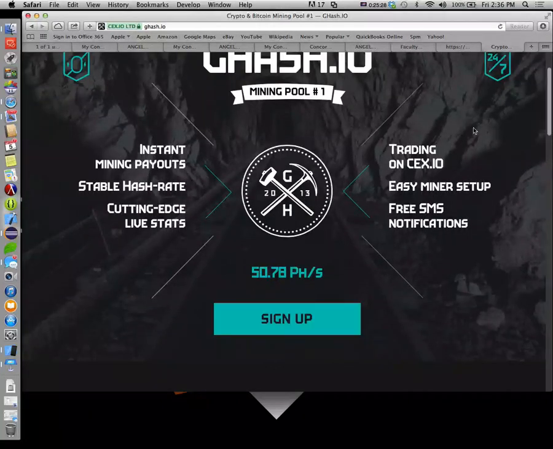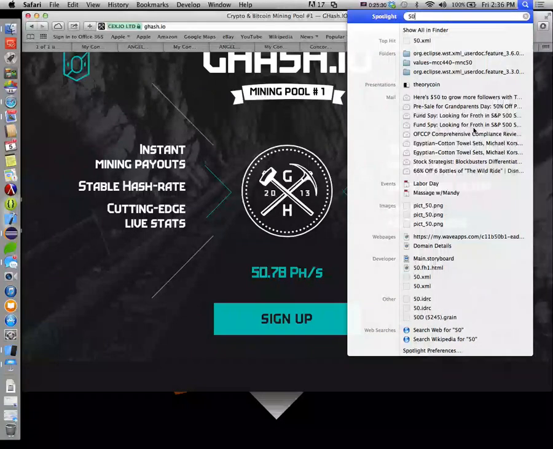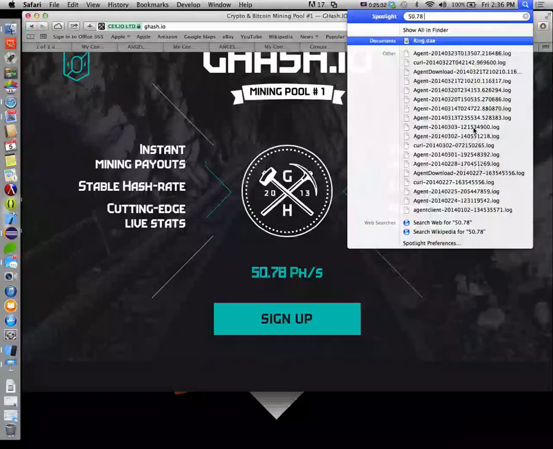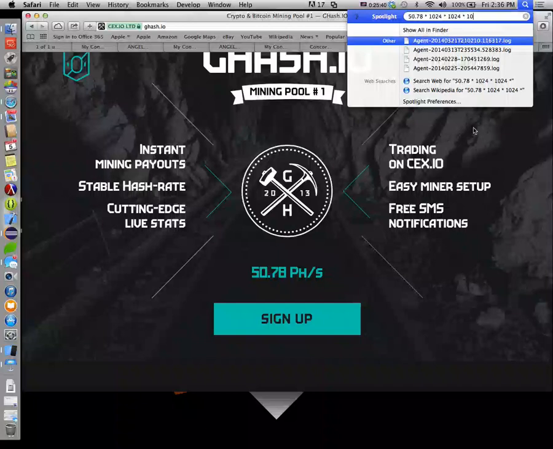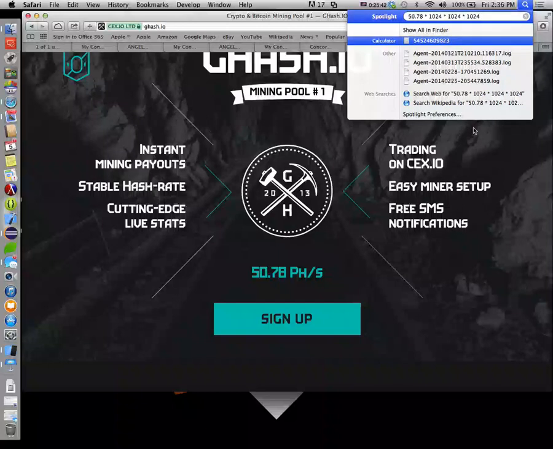50.78 petahashes. So 50.78 times 1,024 gets us to terahashes, times 1,024 gets us to gigahashes, times 1,024 gets us to hashes. Is that 54 billion? 54,524,609,823.